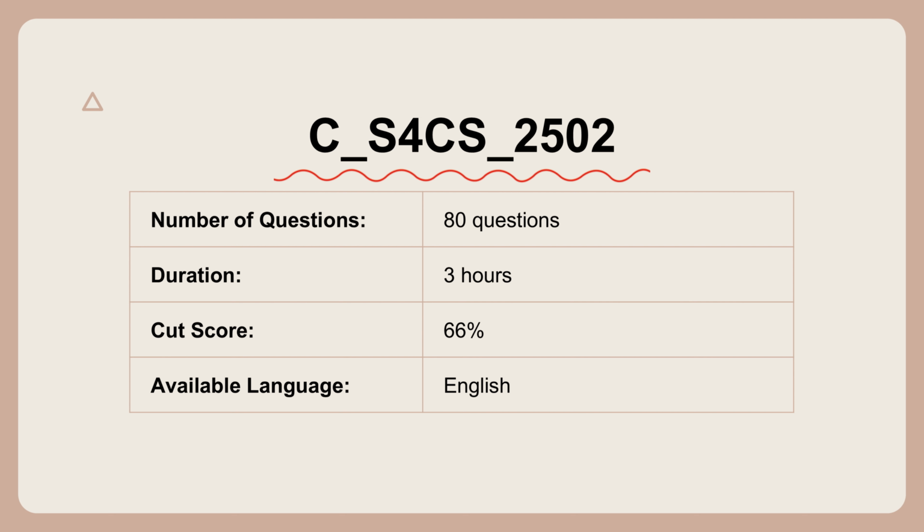For sure. The source material does mention the basic exam facts, like 80 questions, 3 hours, you need a 66% score. It's in English. But the real gold for us today is in the scenarios those questions paint and the logic behind why certain answers are correct. Definitely. And they cover quite a range. We're talking specific sales stuff like free of charge deliveries, returns.